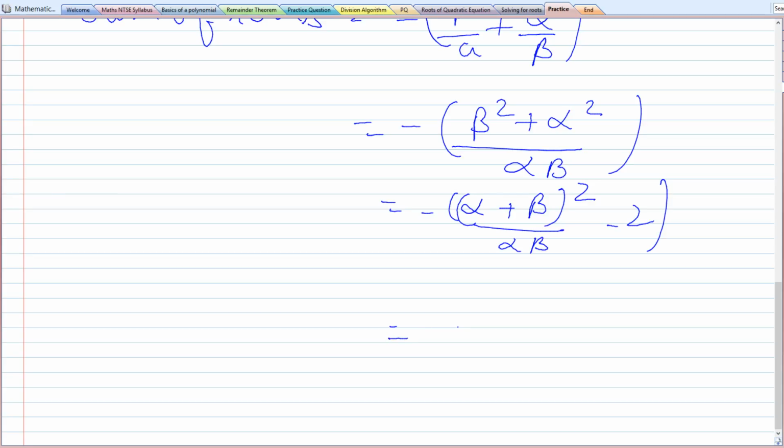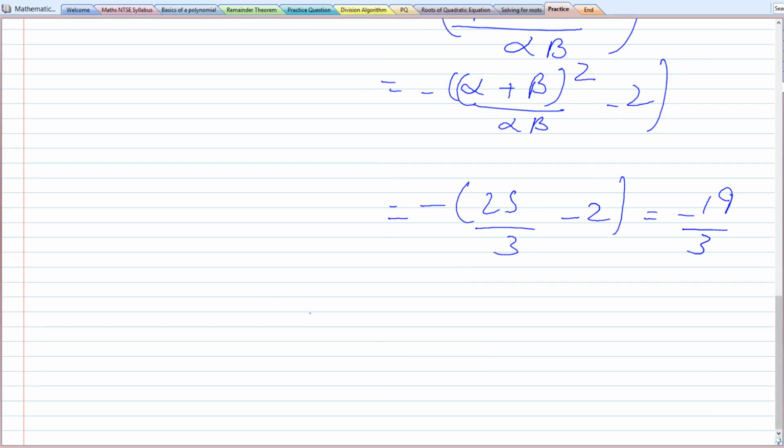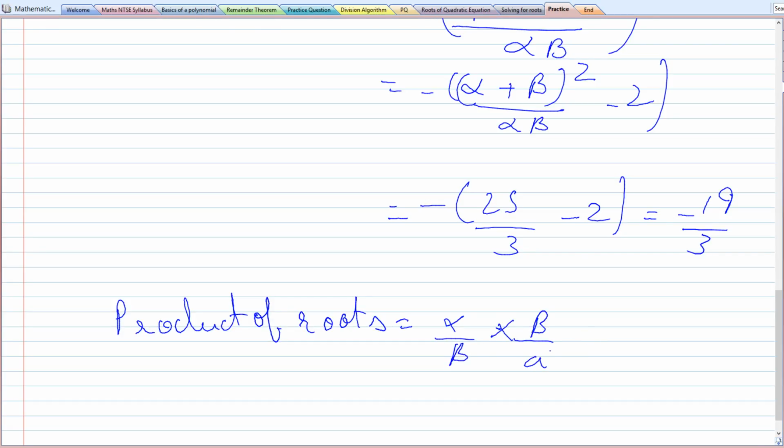We know the value of alpha plus beta to be 5 and alpha beta to be 3. Similarly, our product of roots is alpha upon beta into beta upon alpha, that is equal to 1.